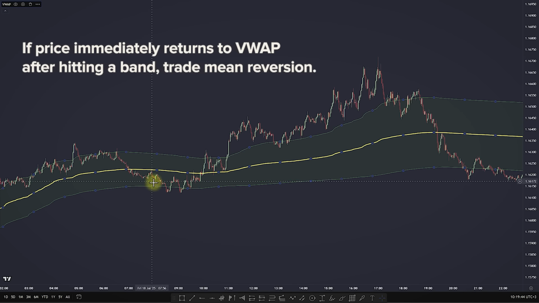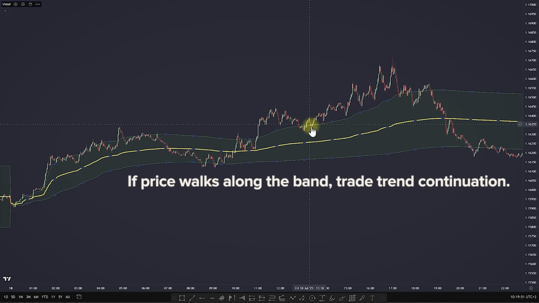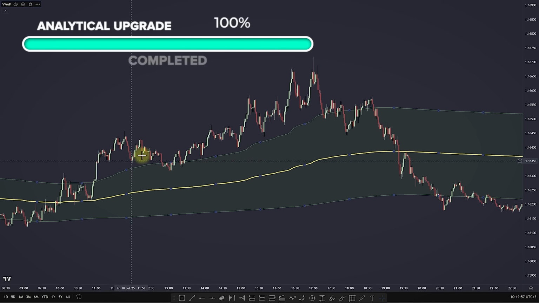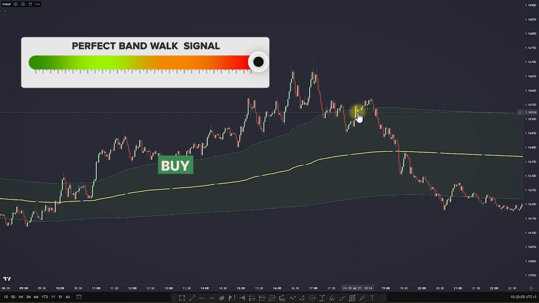If price immediately returns to VWAP after hitting a band, trade mean reversion. If price walks along the band, trade trend continuation. You've just learned to read VWAP like a probability distribution instead of a simple line. This is exactly how institutional algorithms are programmed to interpret these levels.